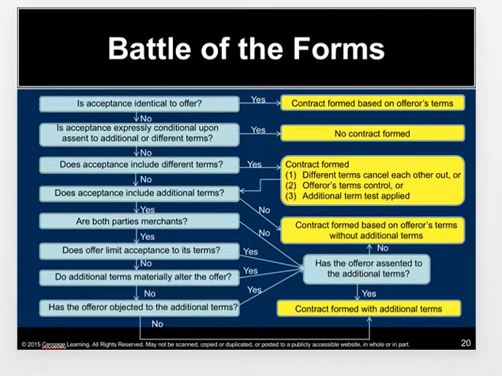And then you go through the whole series of questions here to figure out, is there a contract that's been formed, or do you not have a contract at all? So again, this is a very useful slide. It really asks all the right questions, and it allows you to follow the arrows and determine whether there's been a valid contract or not based on the different contingencies.